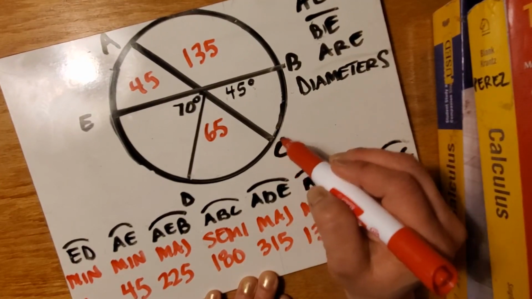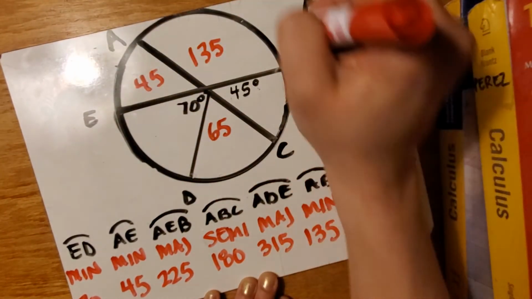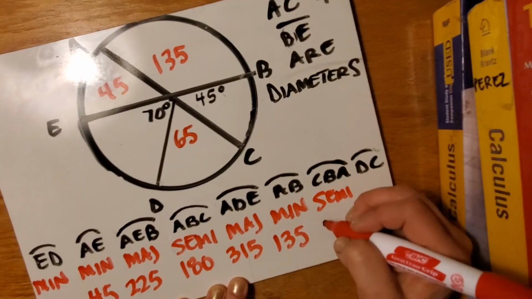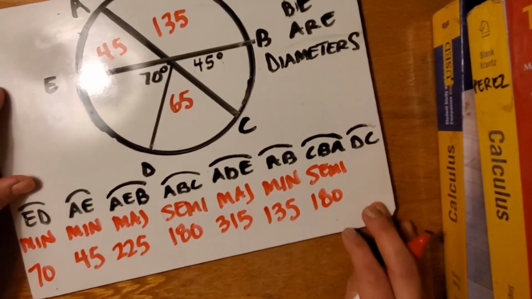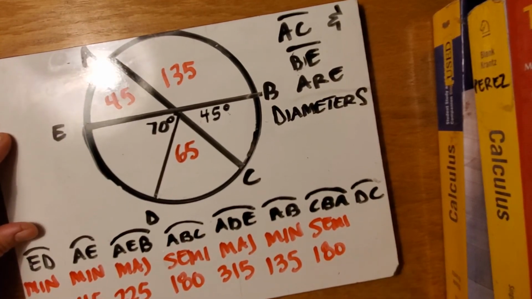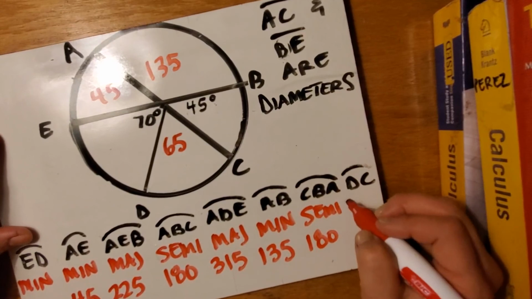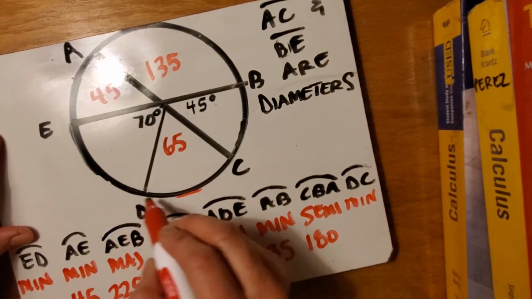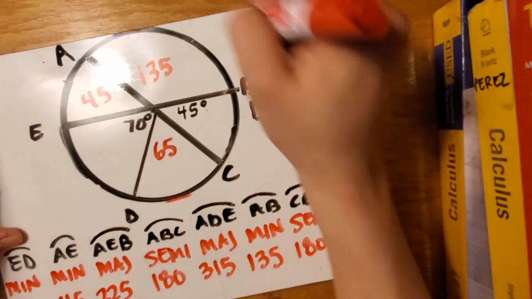I start from C, go to B, and end at A. That is a semicircle, 180 degrees. And finally, the last one, DC. DC is right here. It's a minor arc, less than 180 degrees. So it only makes sense to go right here at that 65-degree arc instead of all the way around from D to C.